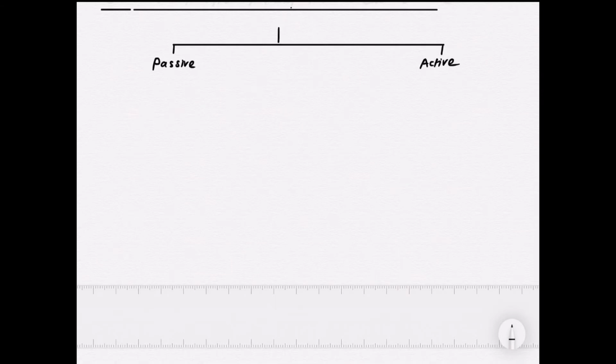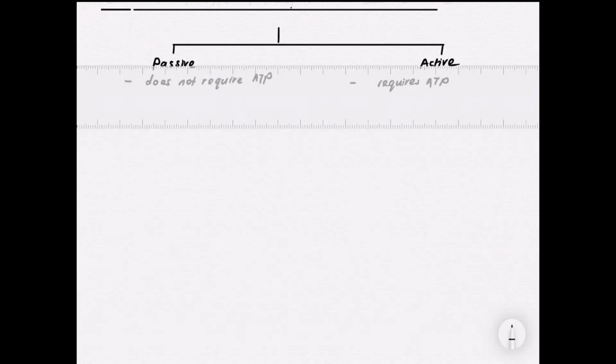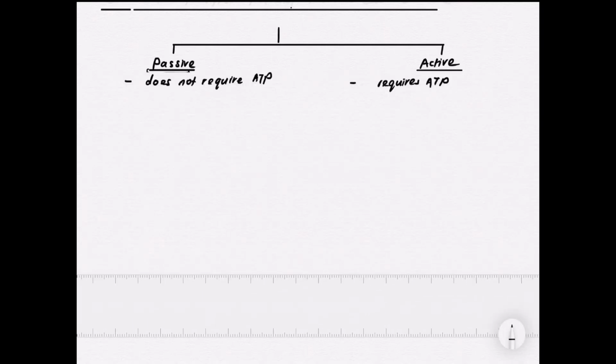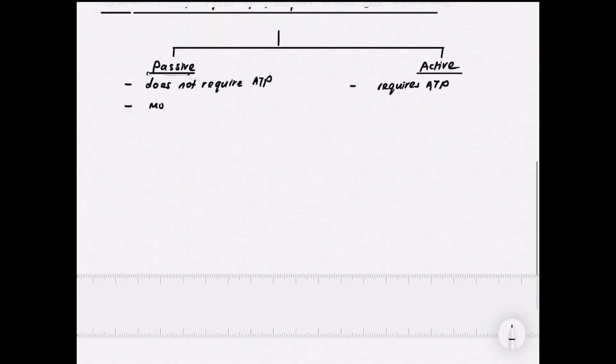As you know, passive means it's a process that does not require ATP, whereas active process requires ATP. So what are the processes that don't require ATP and why don't they need ATP for the movement? Because the molecules move down concentration gradient.